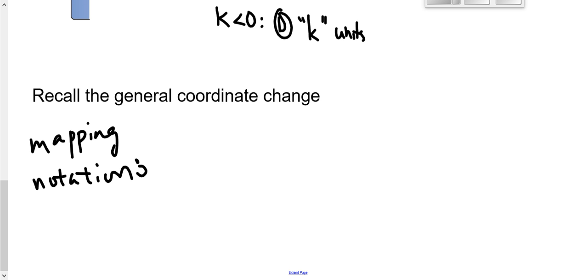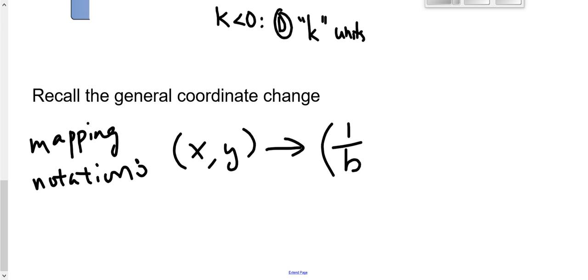Alright, so the mapping notation is (x, y). This is the original function, and now here's the transformed function. Once again, the same thing: 1 over b times x. You may see someone write this as x over b instead, the same thing, and then plus h.